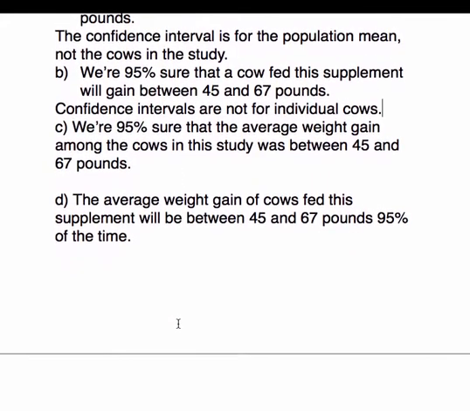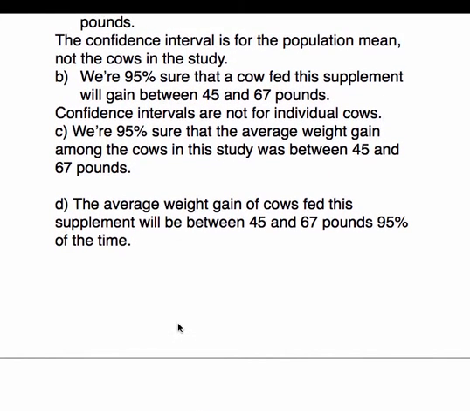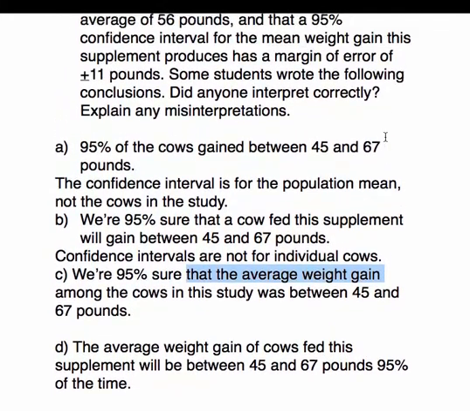Question C. This student wrote, we're 95% sure that the average weight gain among the cows in this study was between 45 and 65 pounds. What do you think? Well, look at this phrase right here, the average weight gain. Look back at your problem.